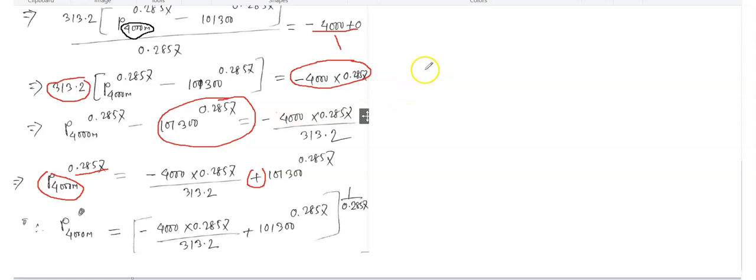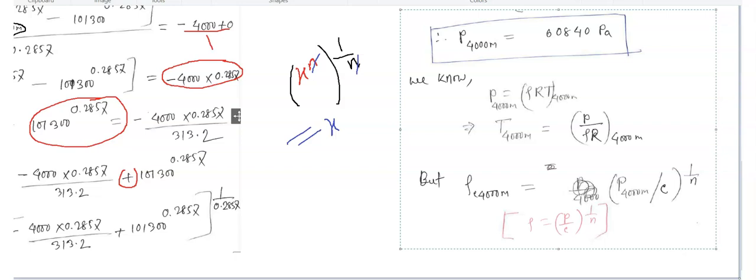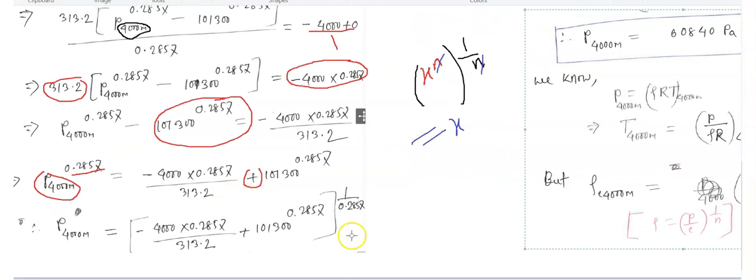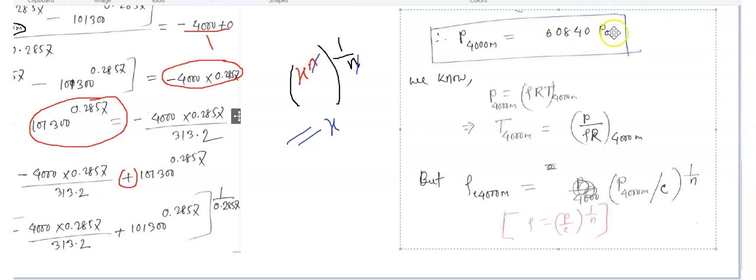It is like what I said previously: we have x to the n, and if we want to get only x, we multiply by 1 over n, which eliminates this term and gives x. So we did the same thing, multiplying both sides by 1 over 0.2857, and we got this term. Now you need to use the calculator. If you do the calculation, you will get this pressure in Pascal.